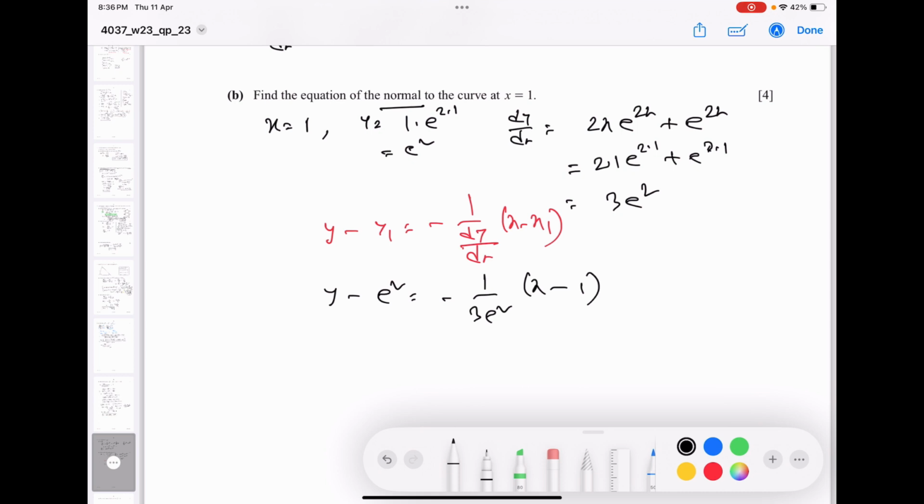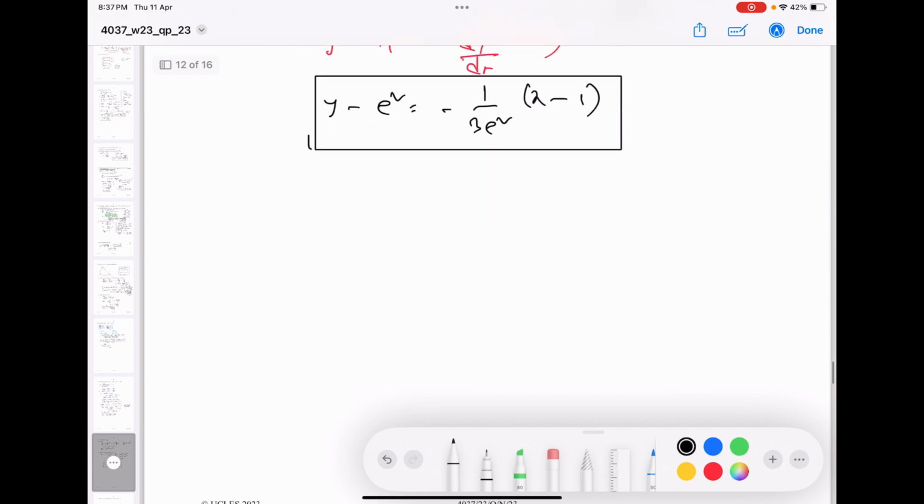So this is the equation of normal, and if we wish we can simplify that. Fine, let me keep it up to that. Okay, so its marks is 4 marks. That's great.